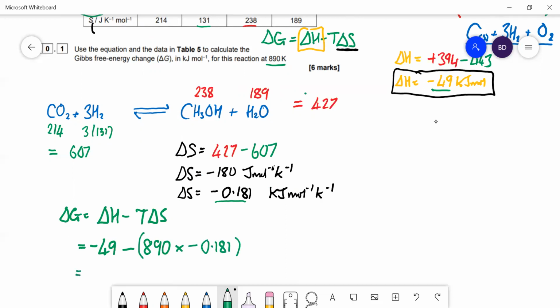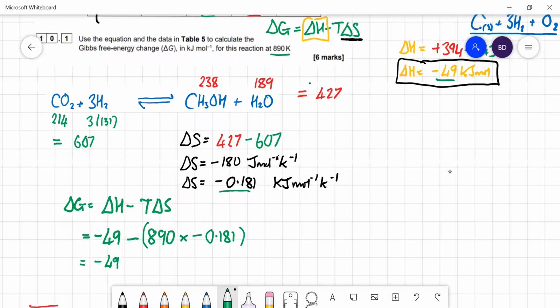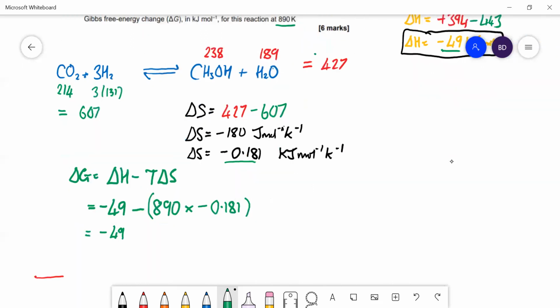Okay, so that gives us minus 49 minus whatever that is.